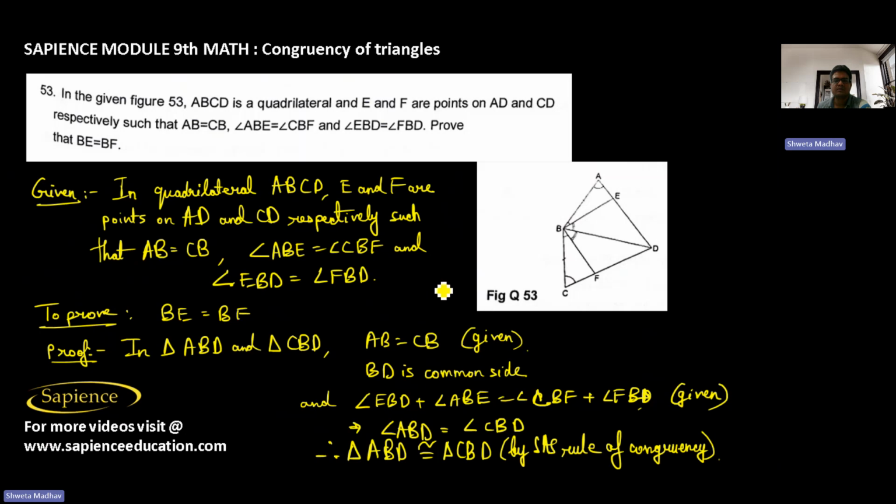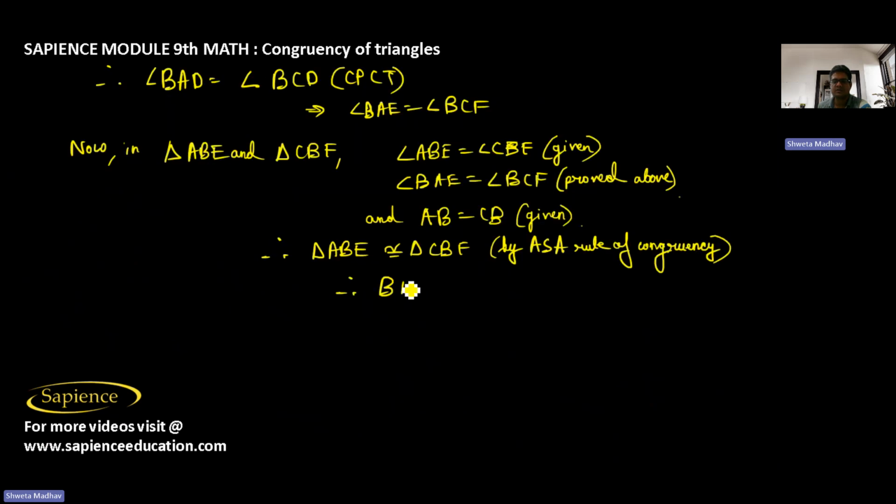So therefore, we can say that BE equals BF, by CPCT.